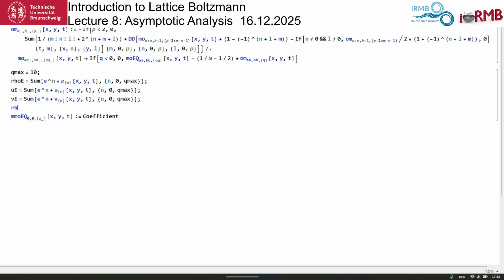So I put there Coefficient of rho E, and here comes epsilon, and we want to see order Q. So the same thing for all the others.